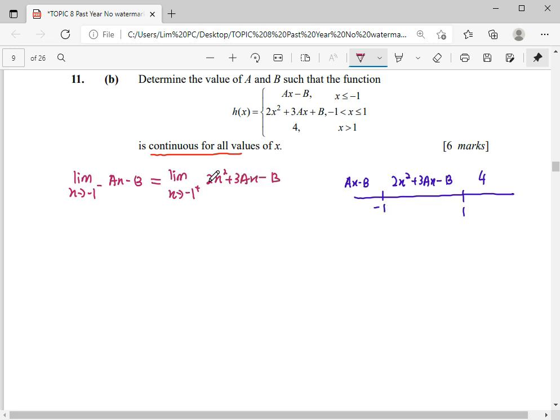So we try to simplify this equation. Substitute our -1, we can get a simultaneous equation, I think. So here we substitute, this is -a.